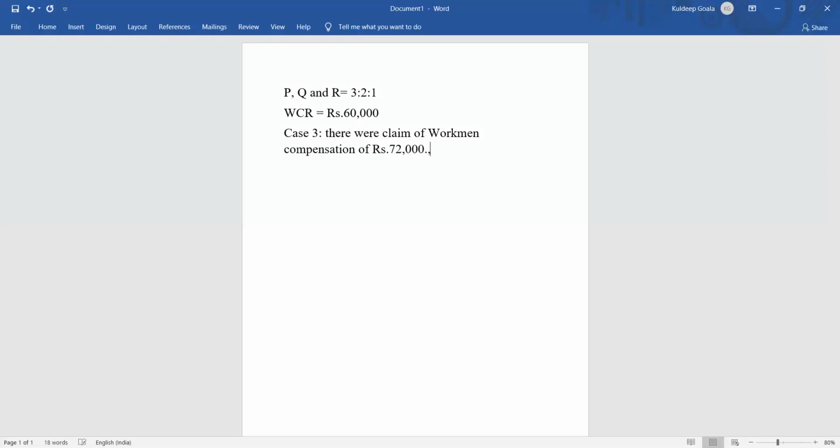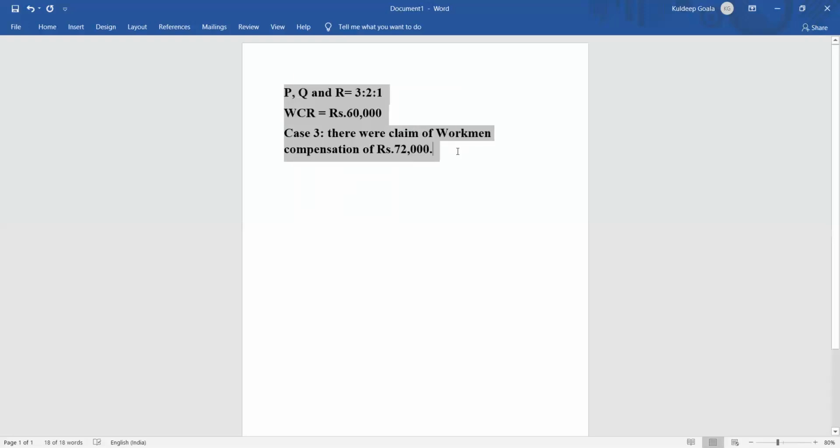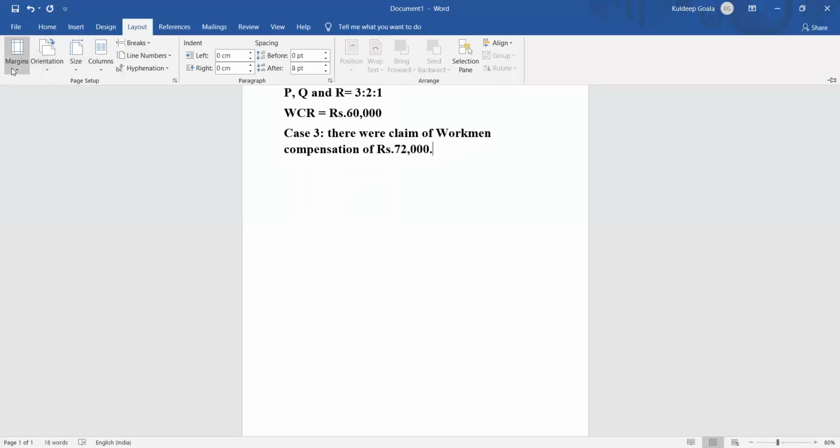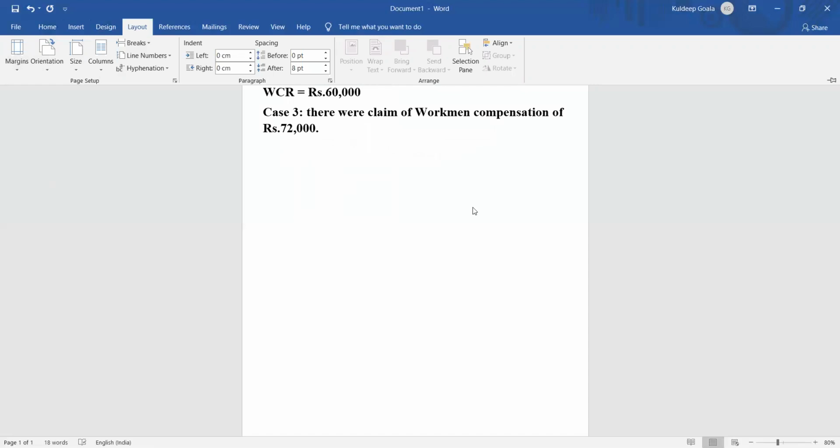Okay, this will be easy for calculation purpose. So what we are seeing here is a situation where we can see that, okay, just a minute. You can make the margin size such that it is easy for you to understand and reflect.